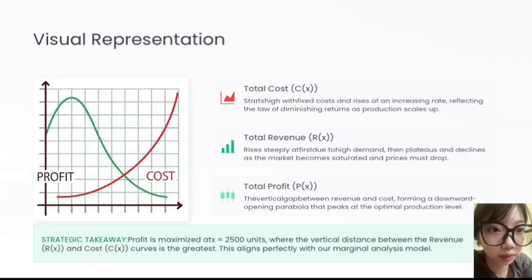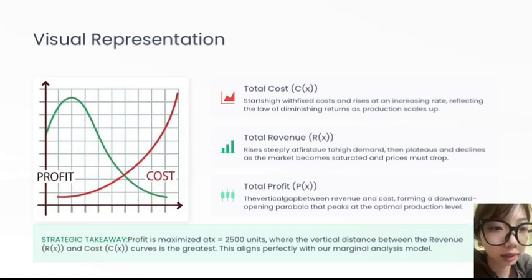Let us use the graph to show the link between cost, income, and profit. On the left, there is a curved graph with two lines. The red line is total cost. It starts at a point for fixed costs and rises faster as we produce more goods.